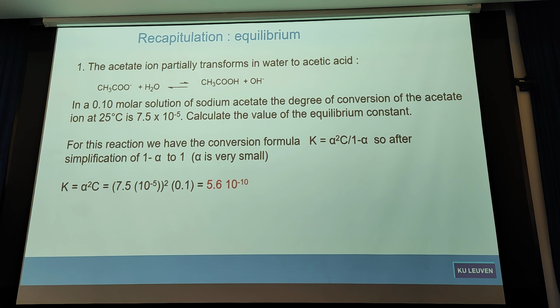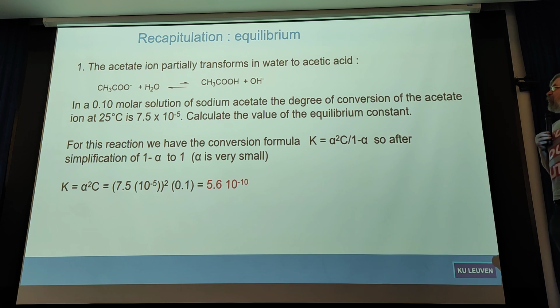Obviously, we're going to correct this. Fixed. Okay, problem fixed. Just wait for it to show up. Okay, acetic acid, not acetate.